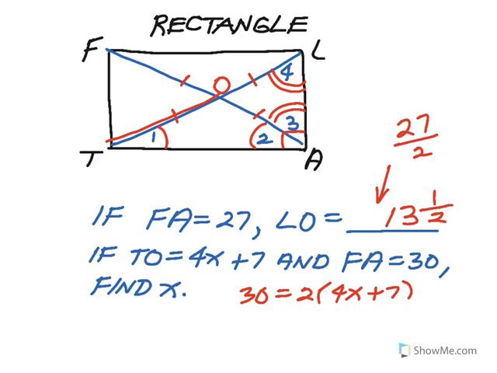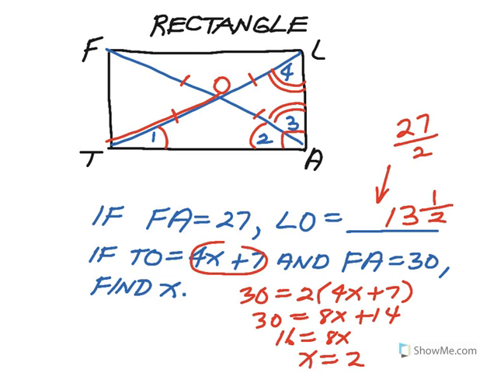So 30 should be equal to 8x plus 14. So 16 is 8x. So x should be equal to 2. And x being equal to 2 would make TO equal to 4 times 2 plus 7, or 15, which is half of 30.